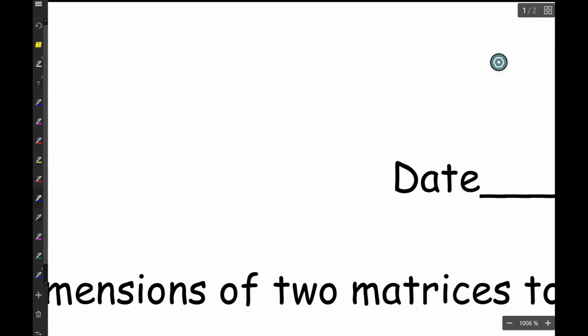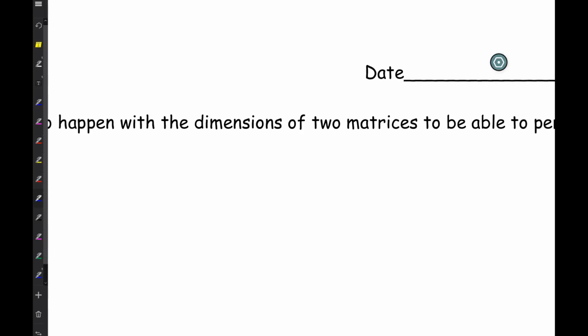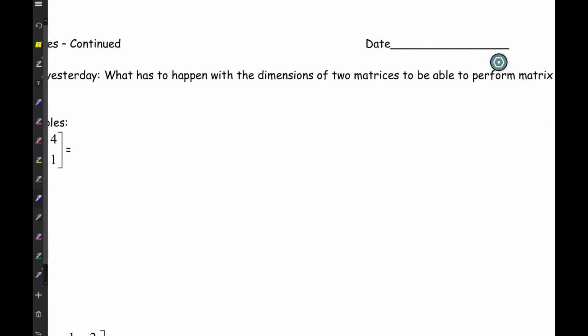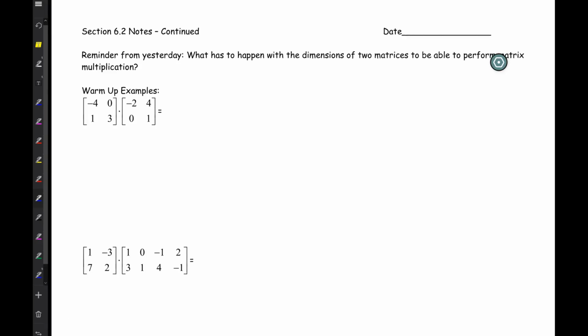Reminder from yesterday. What has to happen in order to be able to perform multiplication on two matrices? Does anybody remember this? Oh, the inside numbers. Yes, the inside numbers have to be the same.